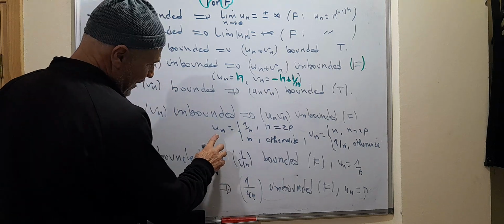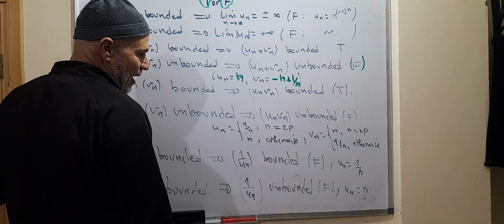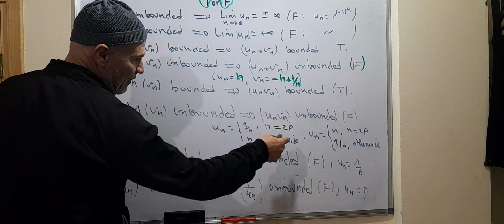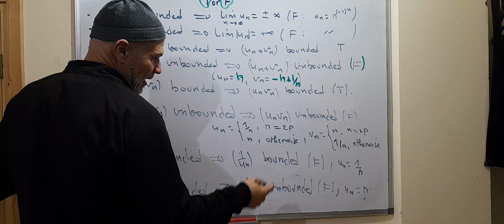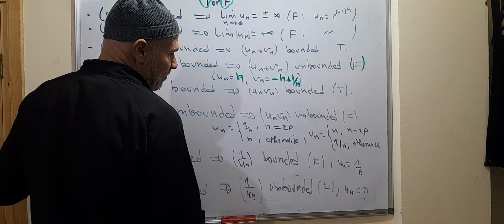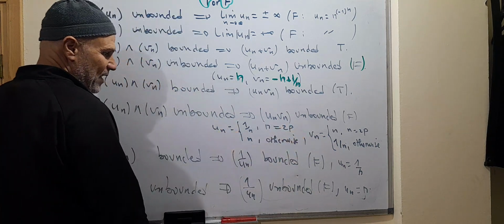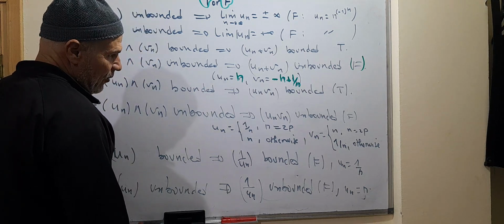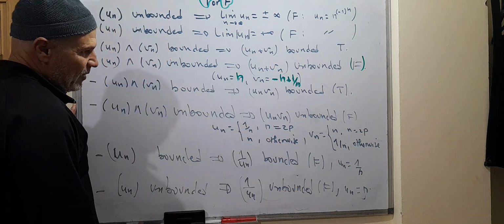For example, we take un equal to 1 over n if n is even, and n if it is odd, and for vn we take the inverse: vn is n if n is even, and 1 over n if it's odd. If we take the product of these two sequences, we will get a new sequence, which is bounded.